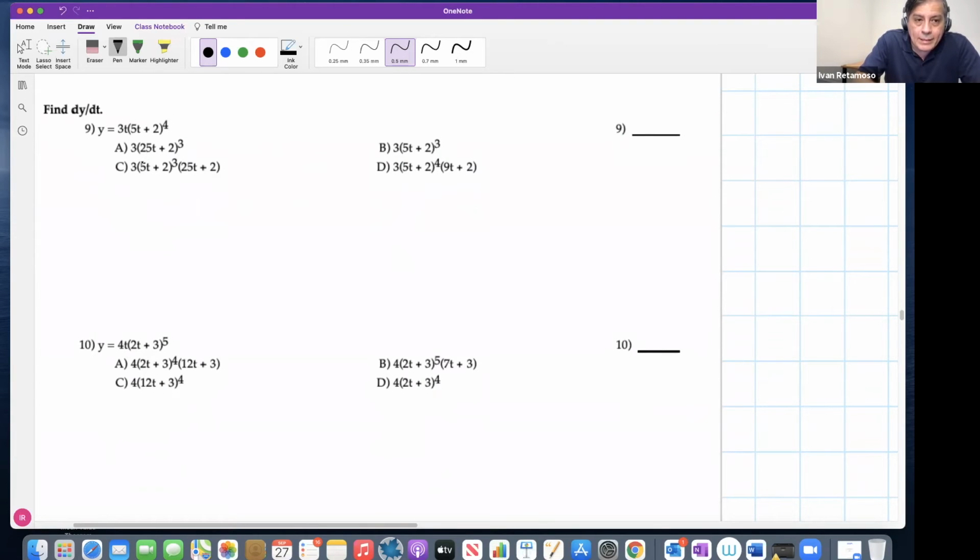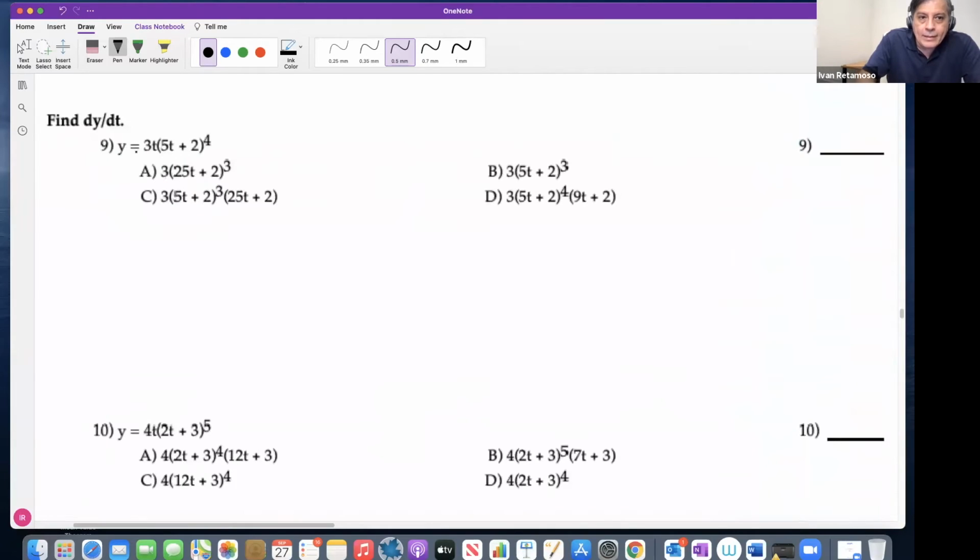It's a combination of the product rule and the chain rule. You will see. Look, for number 9, they are asking you to figure out the derivative of this multiplication of 2 functions, and one of them is a composite function. So how to do this using the chain rule form 2?